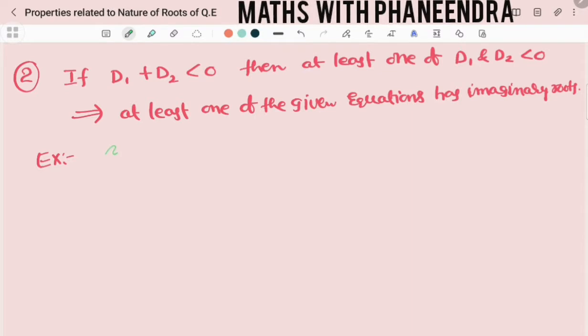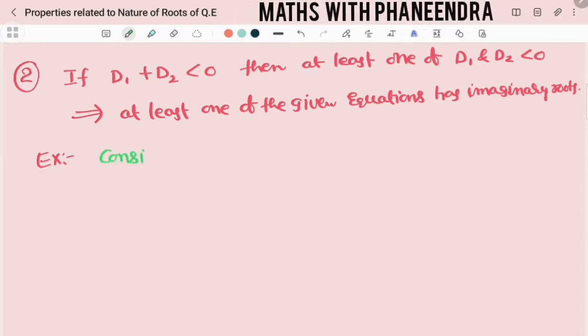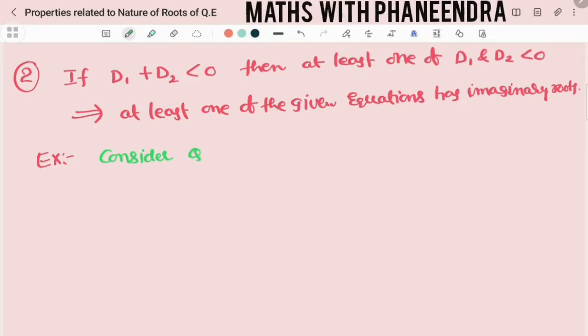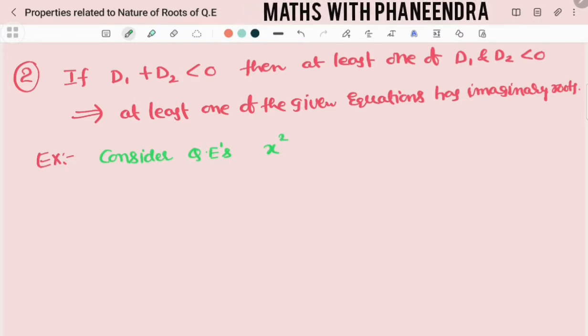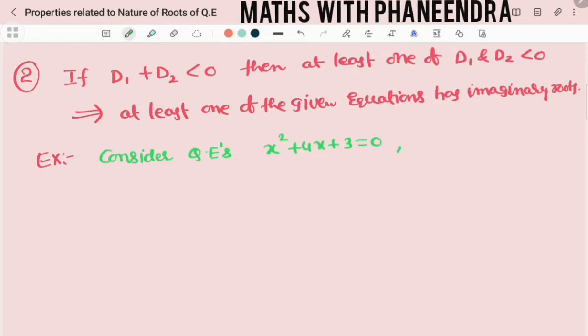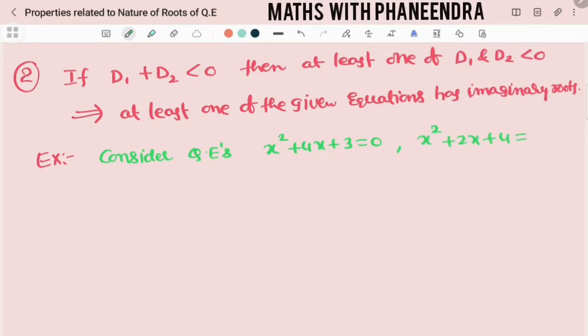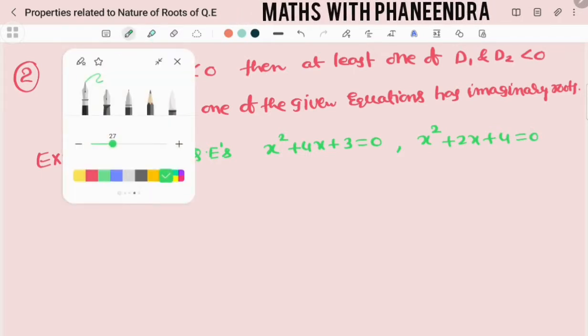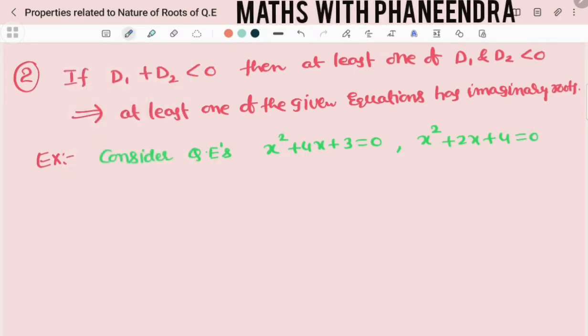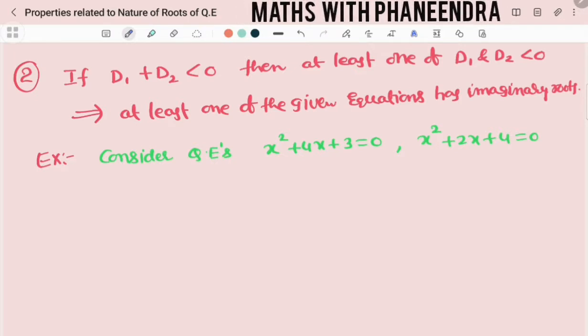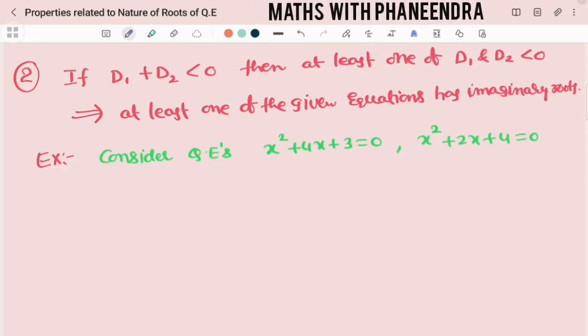Consider the quadratic equations: x square plus 4x plus 3 equal to 0 and x square plus 2x plus 4 equal to 0. These are the quadratic equations.